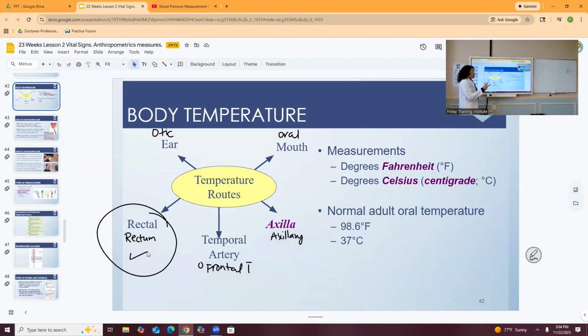The second best place to take the temperature is the otic area because it's also inside. It's really hard for you to tell a patient, hey sir, can you please put your pants down? I'm going to take your rectal temperature. Nobody's going to let you do that. So rectal is most used in kids. Otic and frontal are most used in adults.